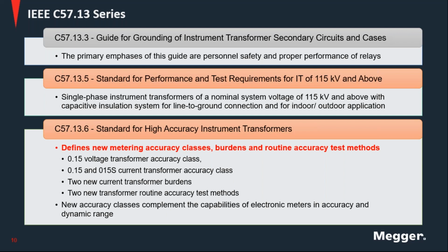So this standard defines new metering accuracy classes, also new burdens, and also new test methods. So this is also a very important reference document for this topic. You're going to receive this presentation, and you're going to have this video available, so you can always come back and look for these references as a quick guide of what to look at.